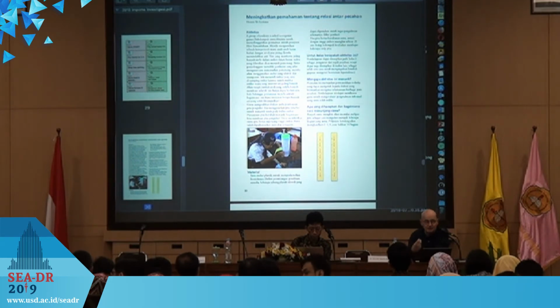And I think that what the people who come to SEADR and who are working on their thesis need to do is design more and more and more of these contexts. And then in a few years we have a whole collection of contexts that can be used in different parts of Indonesia.